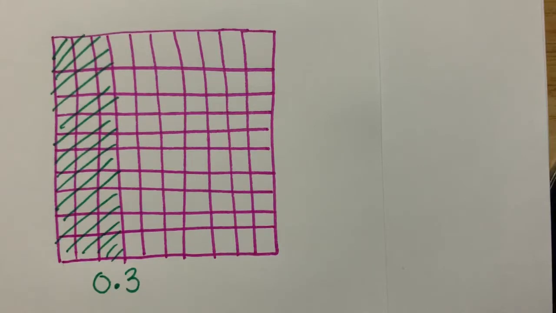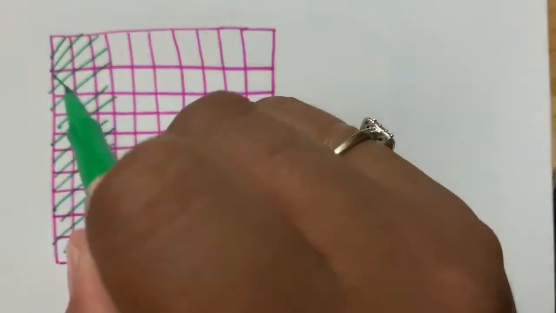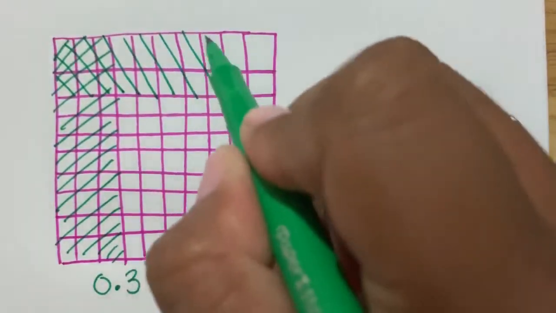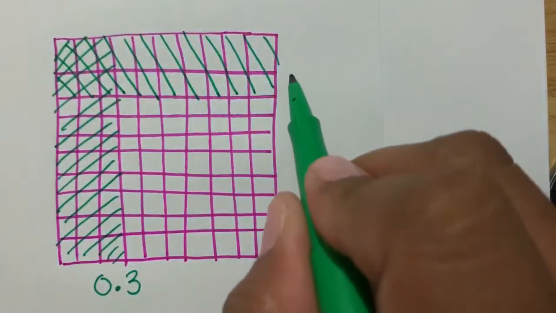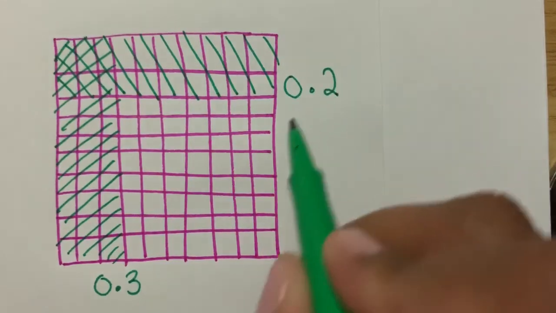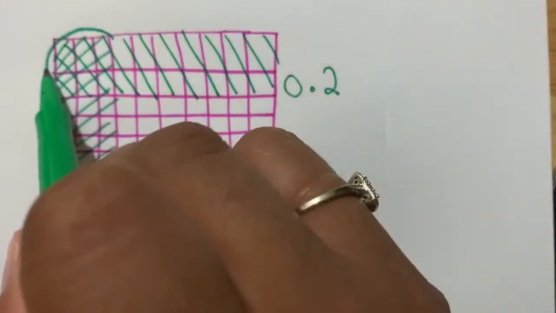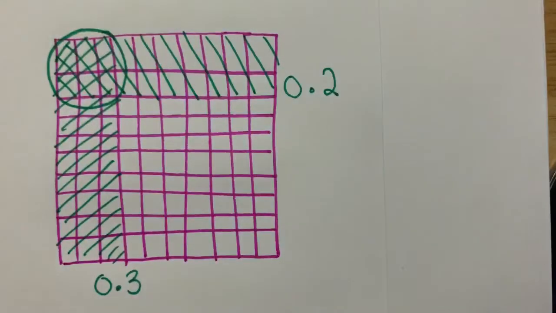Well, if I wanted 2/10 of my 3/10, okay, so here is 2/10 of my 3/10. Okay, my solution would be 6/100.